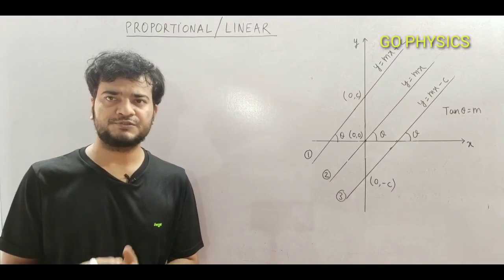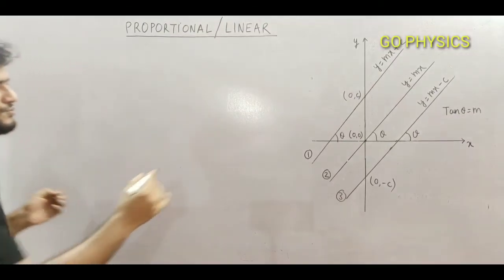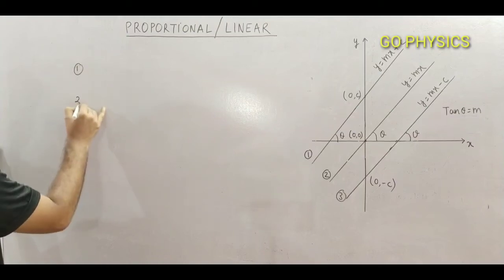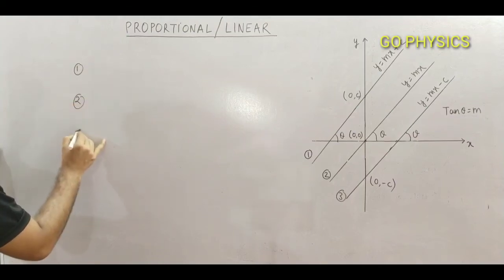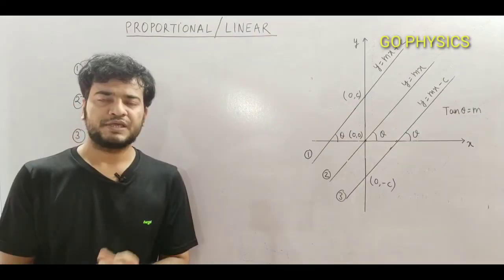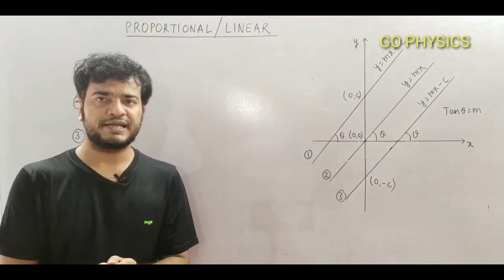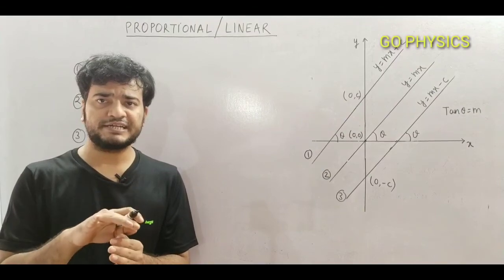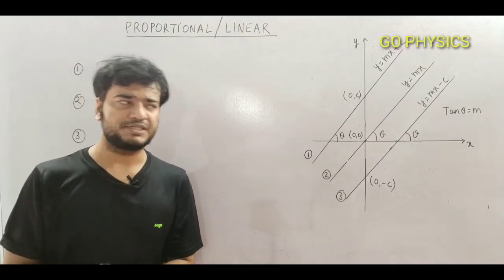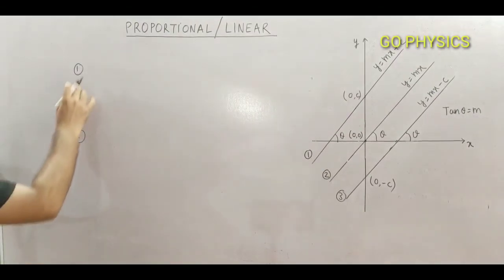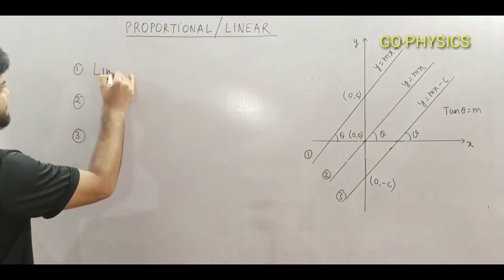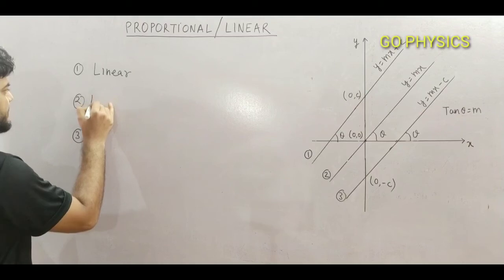Now let us summarize today's lesson. So if we talk about lines 1, 2 and 3, then in linear relationship we learn that a linear relationship is used to describe a straight line relationship between two variables. It means that all three lines show a linear relationship between two variables.